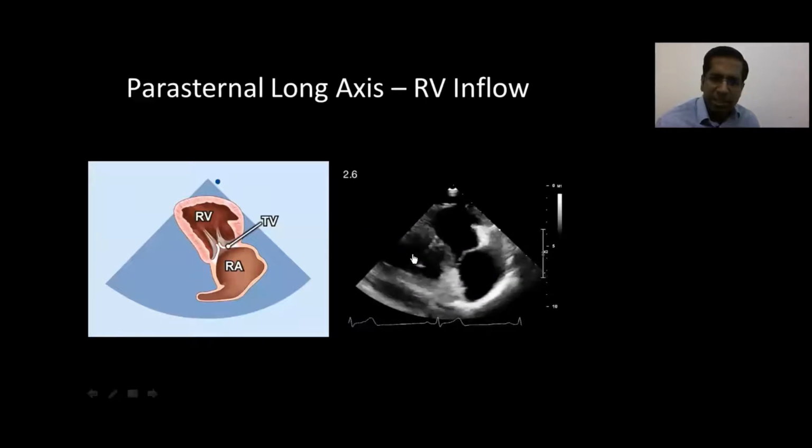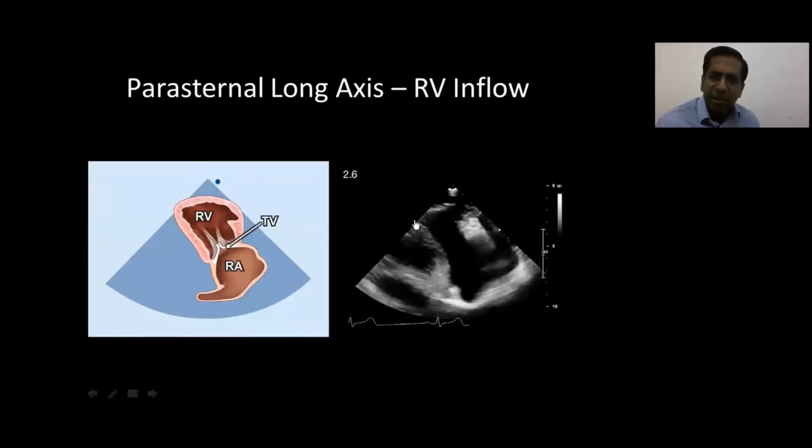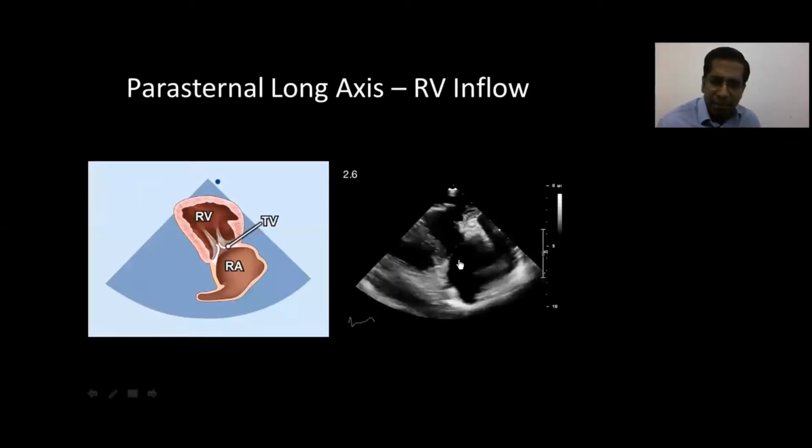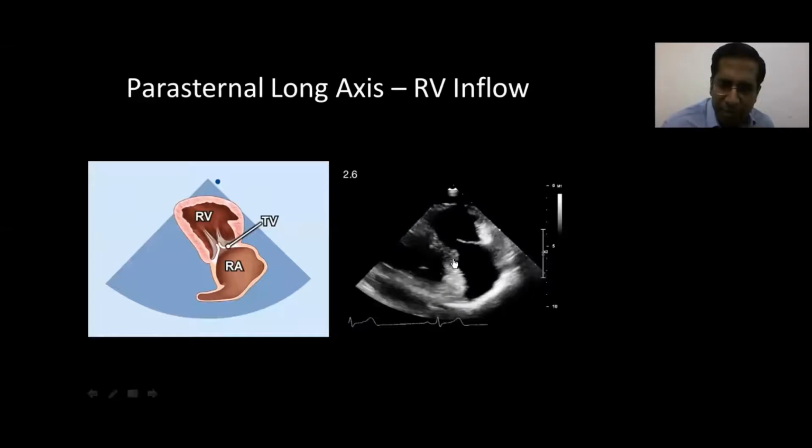So when you see the left ventricle here, what you are seeing would be the interventricular septum, and hence, in that case, this would not be the posterior leaflet. This would more likely be the septal leaflet of the tricuspid valve.